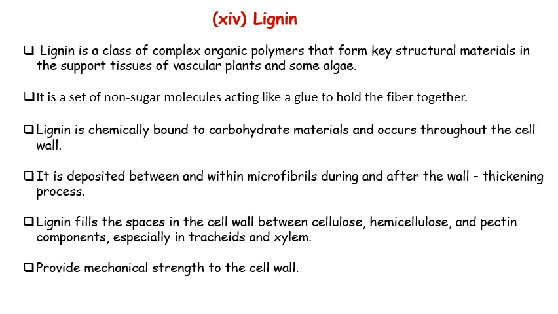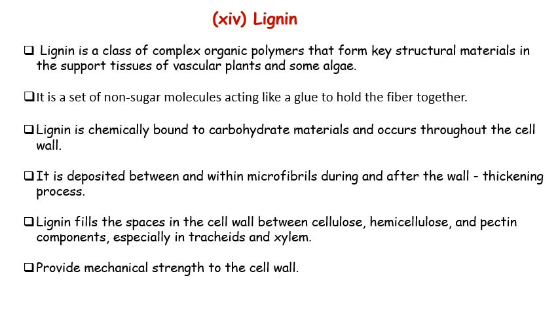It is a set of non-sugar molecules acting like a glue to hold the fiber together, giving compactness or rigidity to the plants. Lignin is chemically bound to carbohydrate materials and occurs throughout the cell wall.